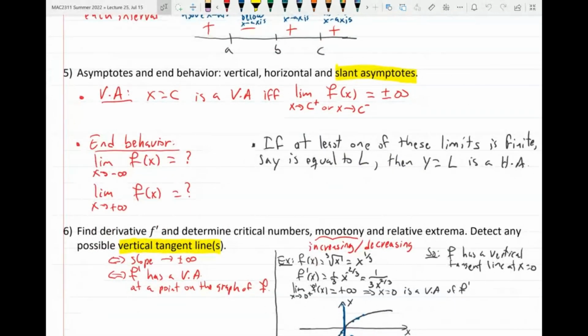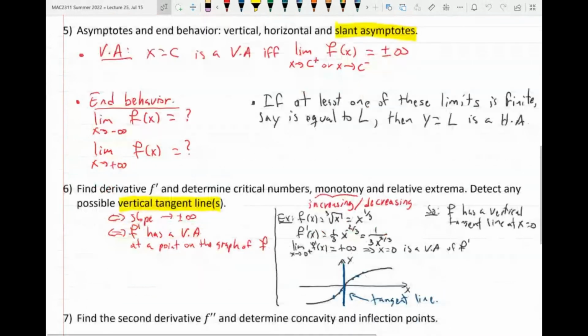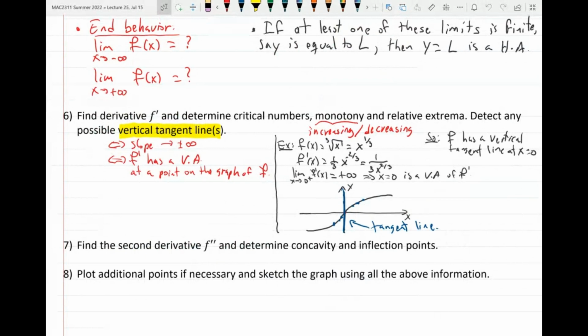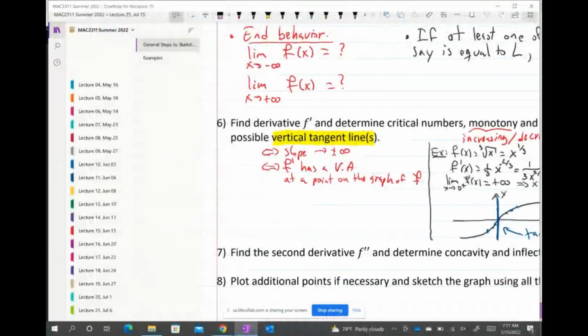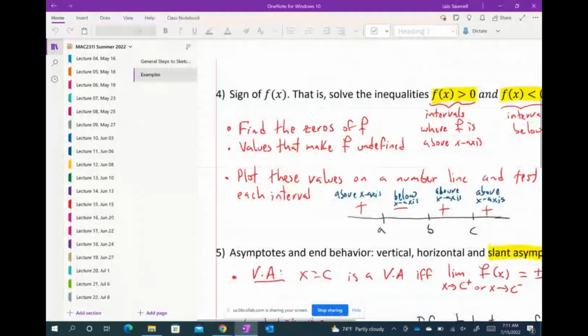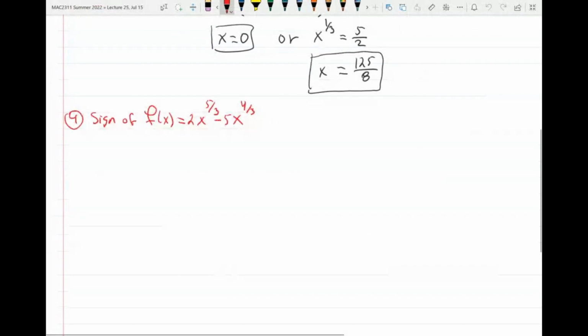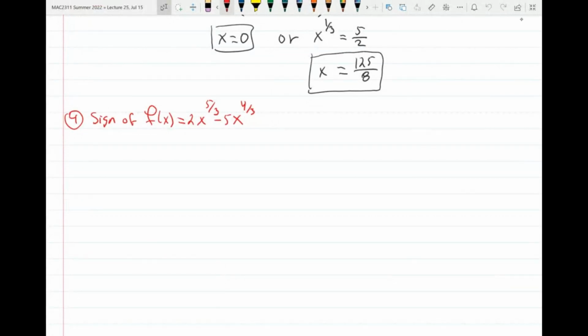We do everything we can with the derivative, right? And when we're done, we go to step 7, which is the second derivative, and then we're working with the second derivative. Okay? So there's a reason why I gave you that order, just to avoid the possibility of mistakes later. Okay, so now let's find the sign of the function.